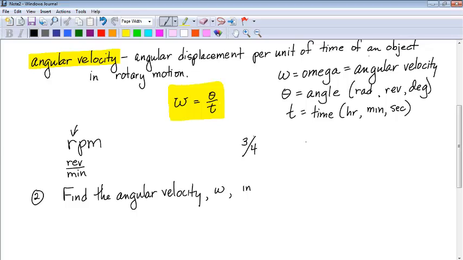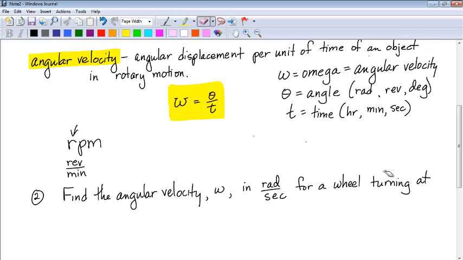Don't do that. Do it horizontally. Everything horizontal, because for the reducing it'll make it much easier. Omega in radians per second for a wheel turning at 40 RPMs. That didn't look very good.